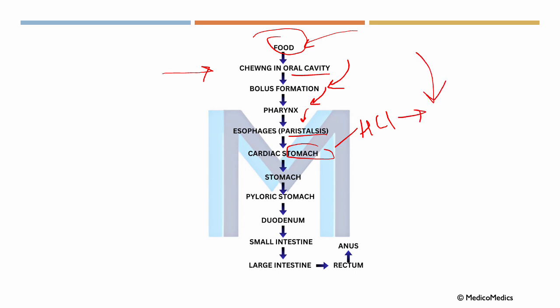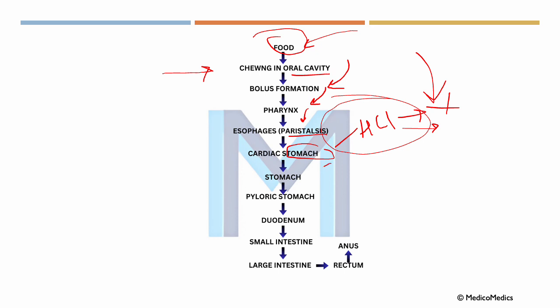Pathogens that are not supposed to enter our body get killed, and different nutrients like iron and calcium, etc., get broken down or dissolved due to this hydrochloric acid. Then we also have, for example, the breakdown of protein via the enzyme pepsin.